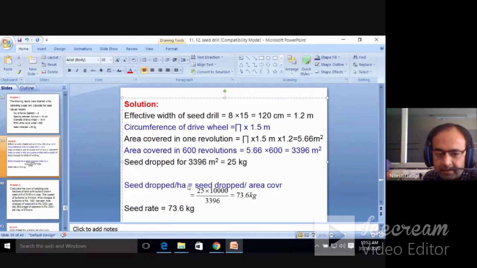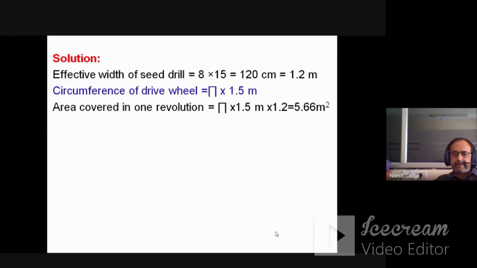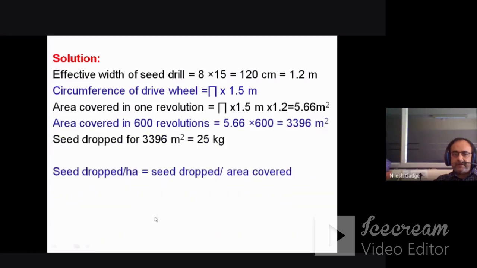The seed dropped should be in kg. Just see this. Seed dropped per hectare is seed dropped divided by area covered. So the seed dropped is 25 kg. Now area covered, we know what the area covered is, and it should be multiplied by 10,000.